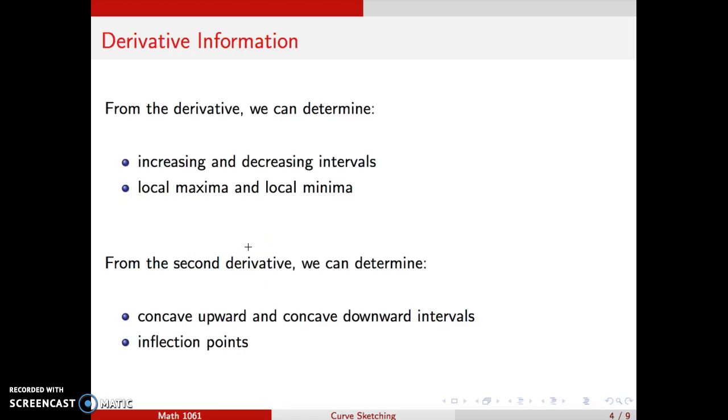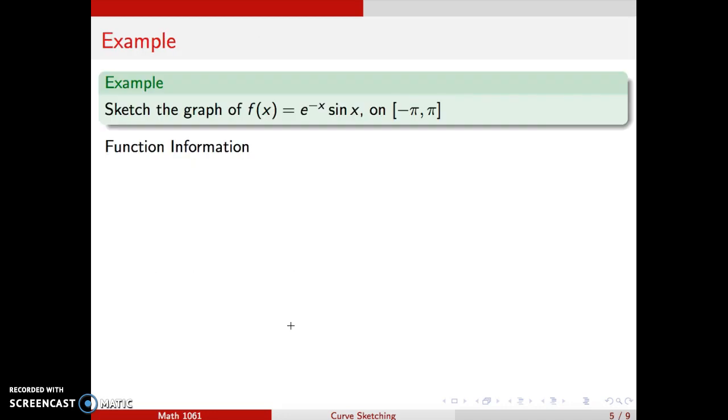As far as the derivatives go, from the first derivative, we can get information about where it's increasing and decreasing, and from that, make conclusions about local maxima and minima. For the second derivative, we can determine the concavity behavior, where it's concave upward, where it's concave downward, and from that, inflection points as well. So there's not really much else to say, so all I have left for you in this video is just to look at an example.